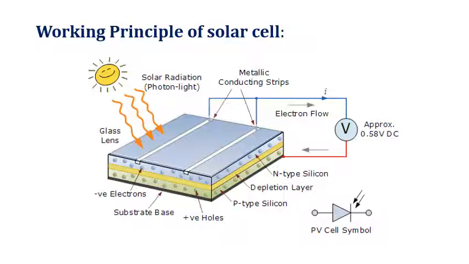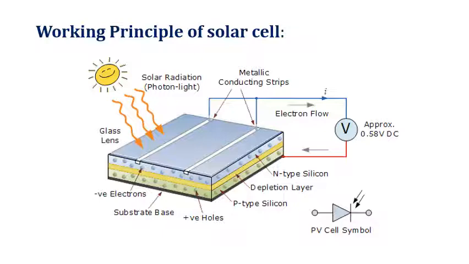When photons from the sun are absorbed in a semiconductor, they create free electrons with larger energies than the electrons which provide the bonding in the base crystal.